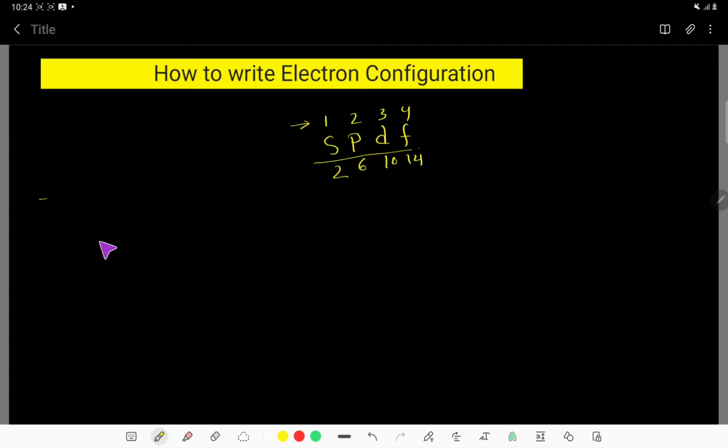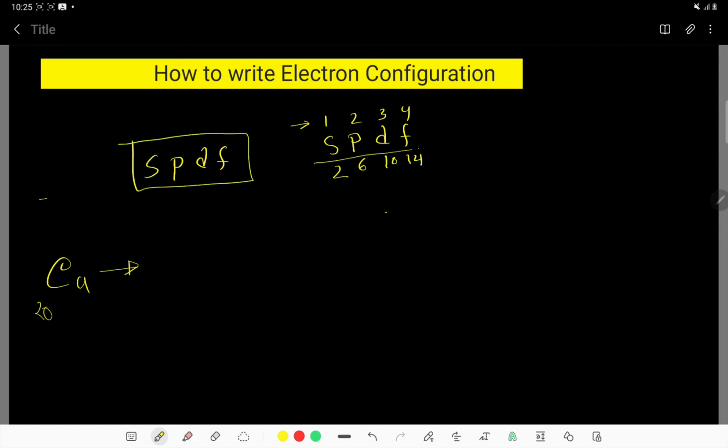So let us consider this element, calcium. You know that the atomic number of calcium is 20. So how to write the electron configuration of calcium? You know that you have spdf, I will write it here.